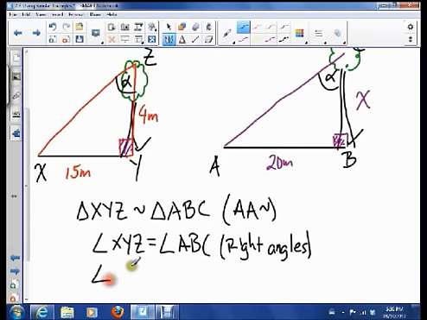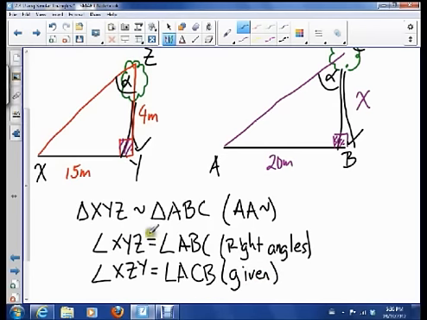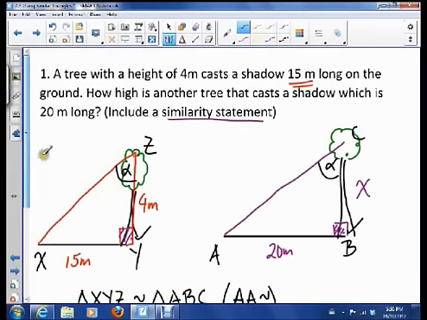And we also know angle XZY is equal to ACB, so Z is C, so ACB. And that information is given in the problem. All right, so we've given the similarity statement.